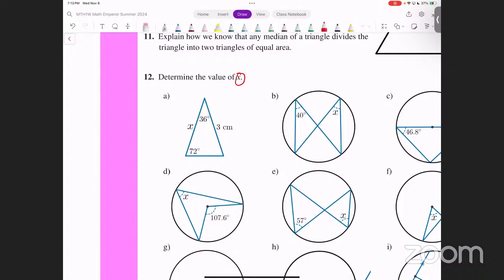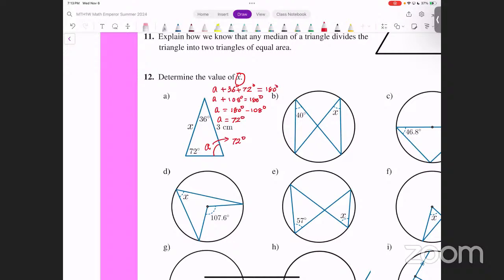So I don't know the angle, so we call it A. I can say A plus 36 plus 72 is 180. We did this math here. And then A plus 108 degrees is equal to 180 degrees. A is equal to 180 degrees minus 108 degrees, which is actually 72 degrees.